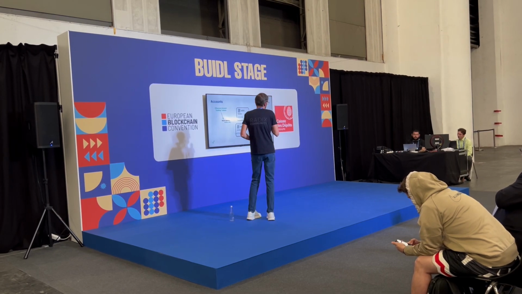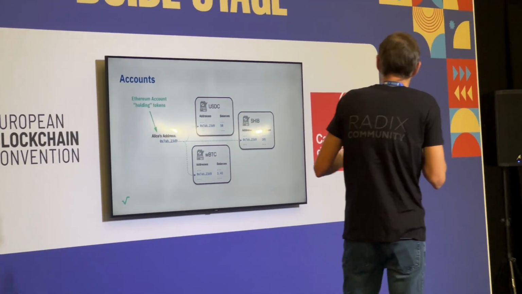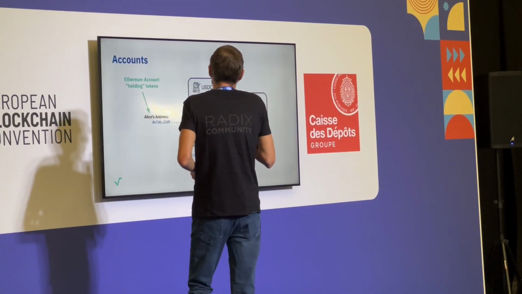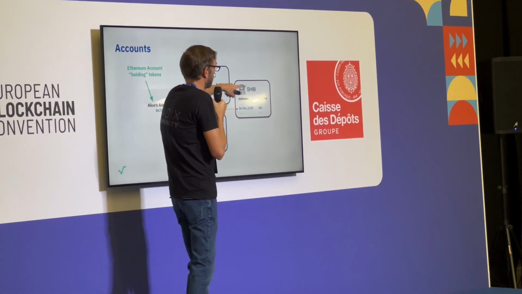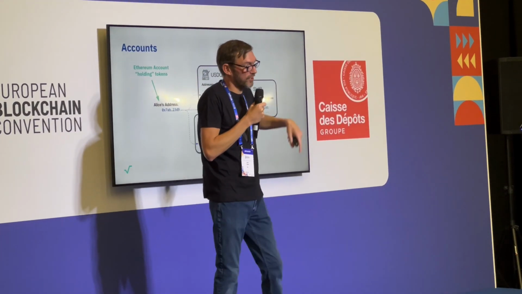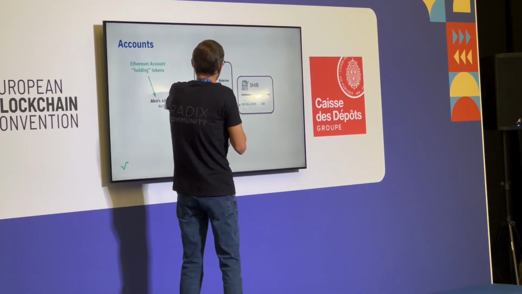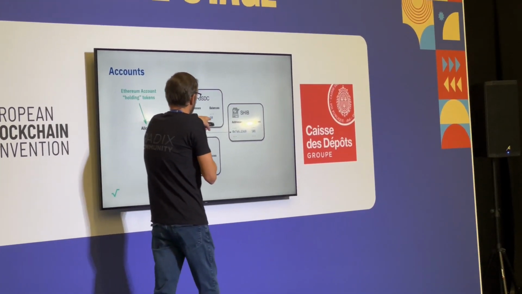Okay, so accounts are very different on Radix as well, especially when you compare to Ethereum, right? So an account on Ethereum is kind of Alice's address, and then you've got these ERC20 or variations of ERC20 contracts that keep the balances of whatever tokens Alice's address holds, right?